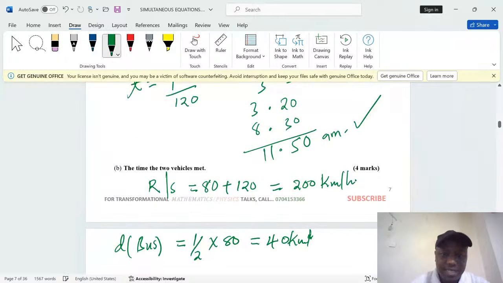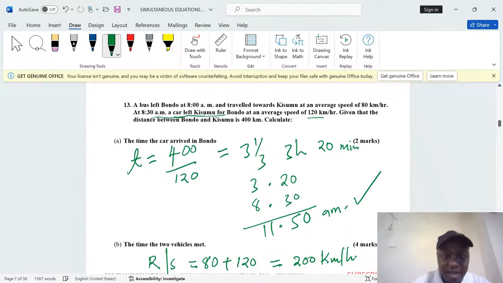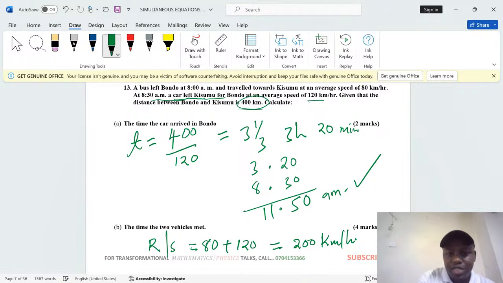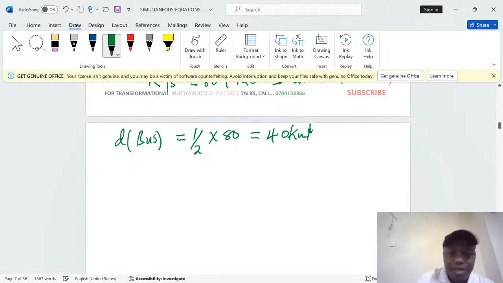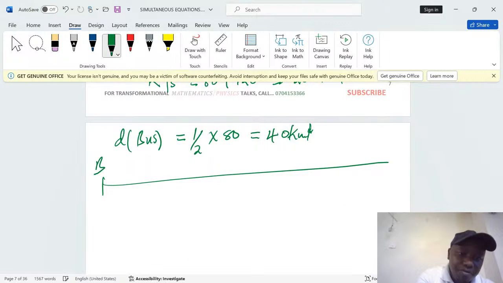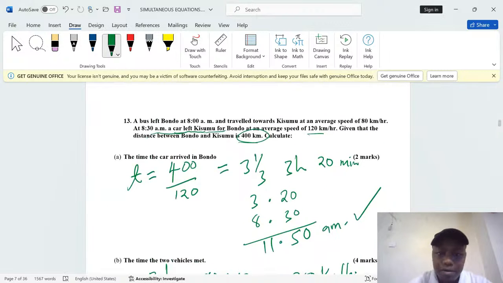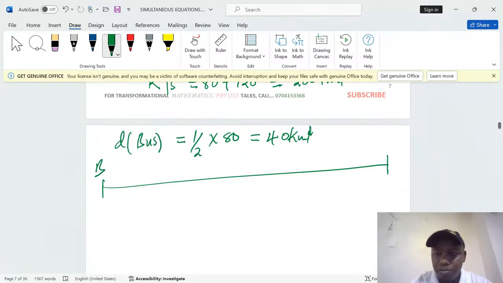Now with that distance, by 8:30, the distance between them is going to be a total distance of 400, and now the bus has narrowed 40. If this is Bondo and this is the other city, we have Bondo and Kisumu.